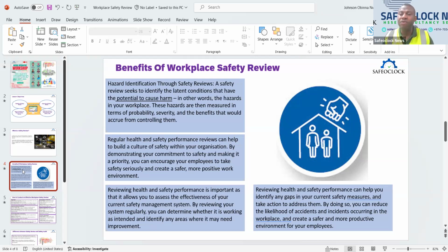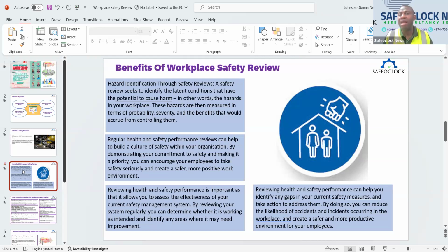Now, another importance of safety review is that it also helps in complying with legal requirements. During the safety review, there are certain practices or conditions that you will come across, and you look at them again and try to find out what the legal requirement says about this situation, about this condition. So if you don't conduct safety review from time to time, you might not have that insight of cross-checking if your policy, your procedure is meeting the legal requirement.